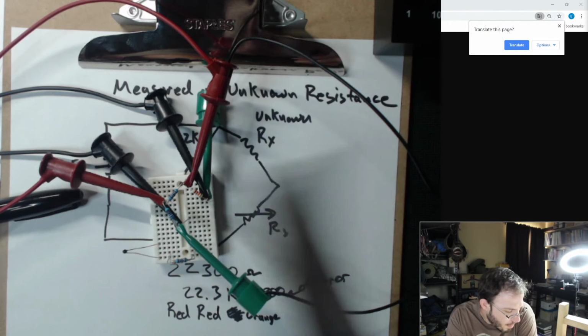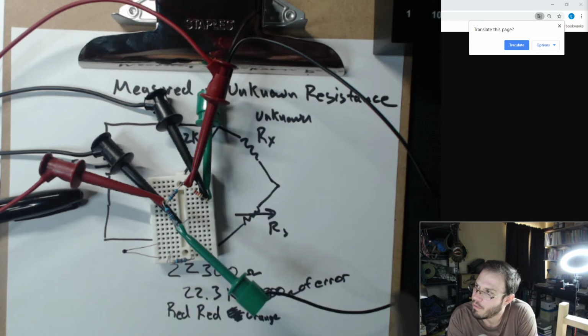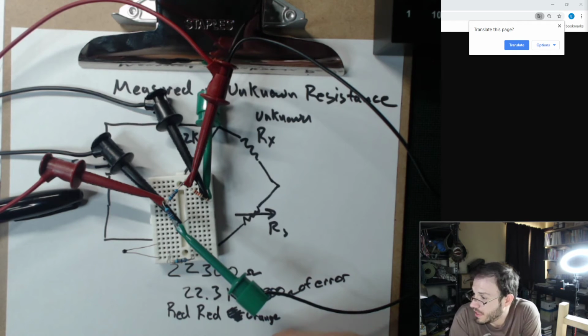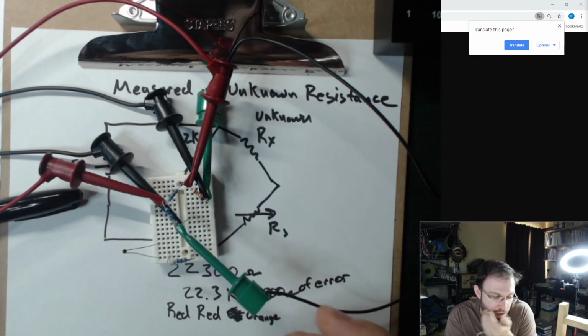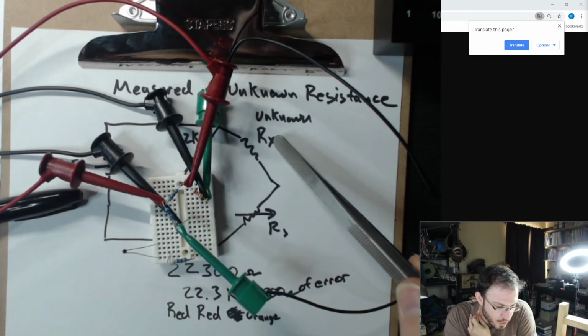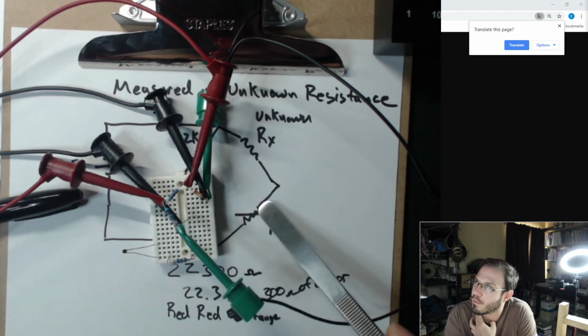Okay, so before I talk about these temperature sensors, I want to give a minute for any questions about what we've done thus far as this bridge circuit. Yes, the sensor would be in place of our X, but we would not use a resistance substitution box. We would not use a variable resistor.